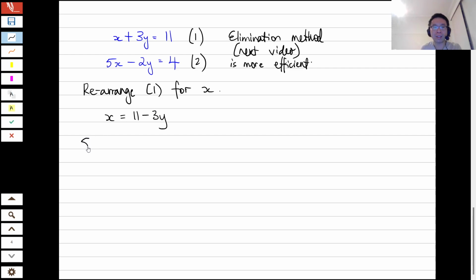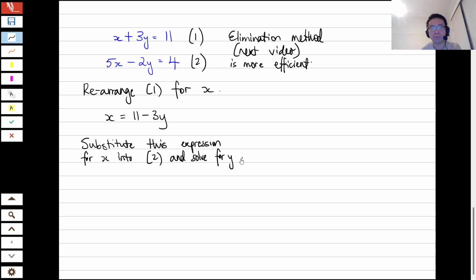And now I can substitute this expression for x into equation 2, and solve for y. So just to recap, I've rearranged one equation for x and substituted that equation into the other equation and solved for the alternate variable.